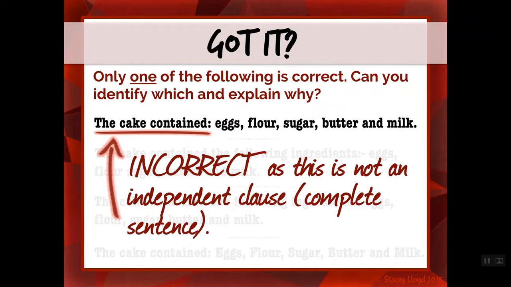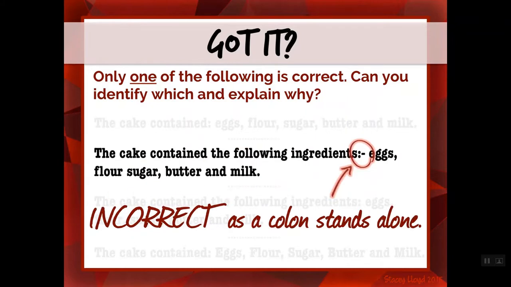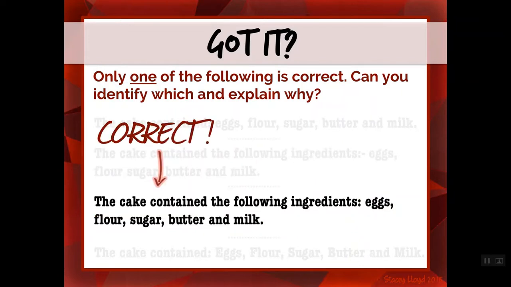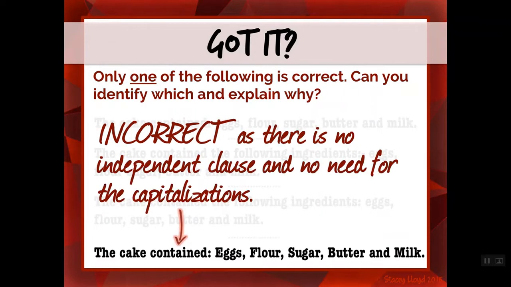So the cake contained is not a full sentence, so it's not an independent clause. You don't have to put anything next to the colon. The colon stands alone, so the dash makes it incorrect. Correct. The cake contained the following ingredients. And incorrect, there's no independent clause and no need for the capitalizations. All right, there you go.